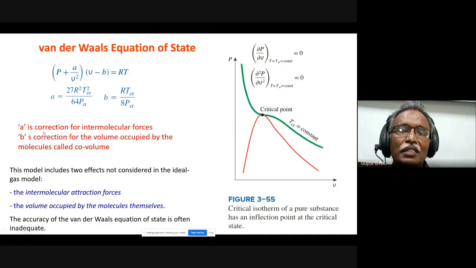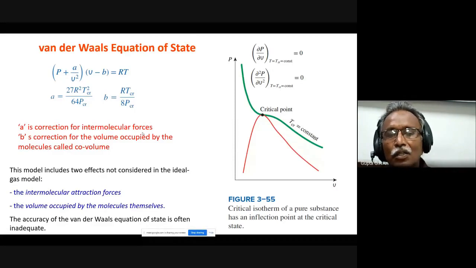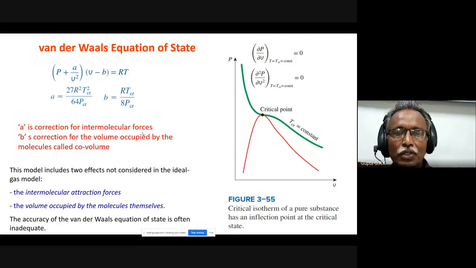So a is the correction for intermolecular forces, because when pressure is high or temperature is low, all the molecules will be close to each other. There will be intermolecular forces due to which I will have additional pressure, so that is to be added here. This is the effect of intermolecular forces.